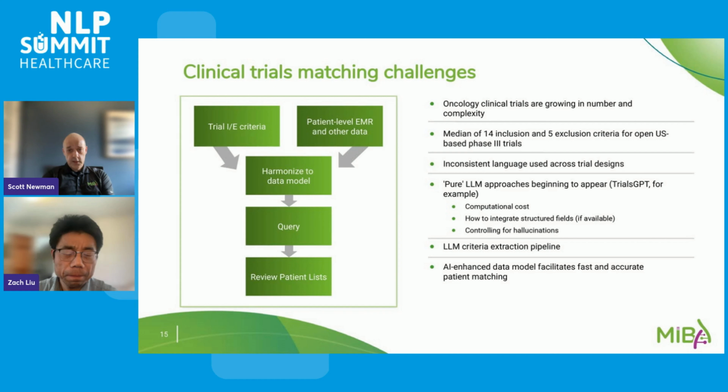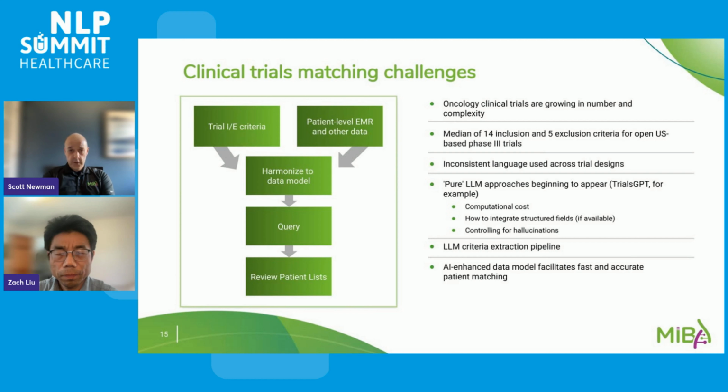We do, however, make use of a large language model to extract criteria at scale for open clinical trials, and Zach will talk a bit more about the technical details there. So long story short, any given trial has a set of inclusion and exclusion criteria. We have to extract those criteria, harmonize them to our data model, make sure all of the field names are consistent and line up.